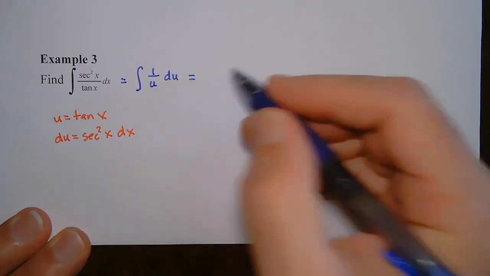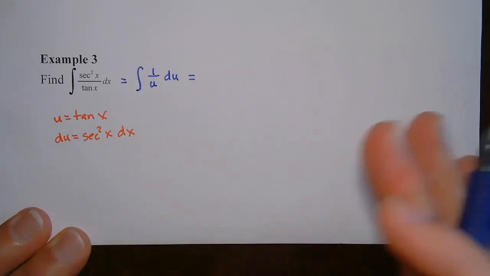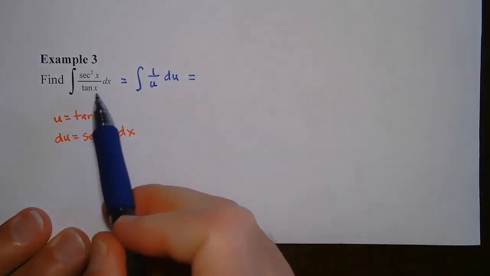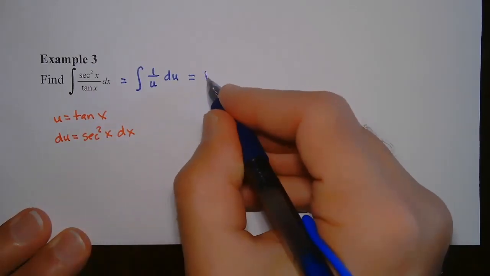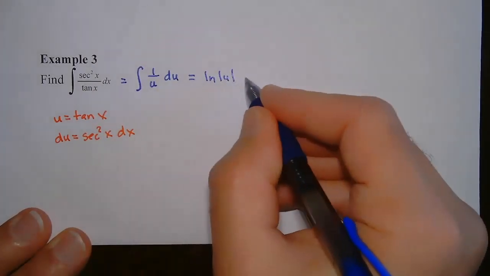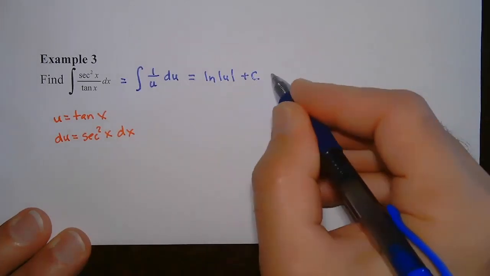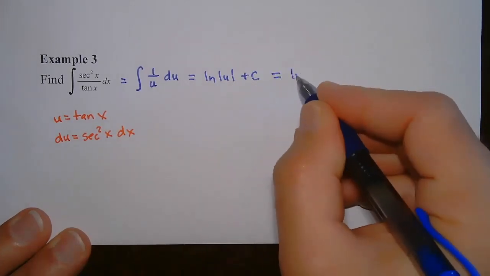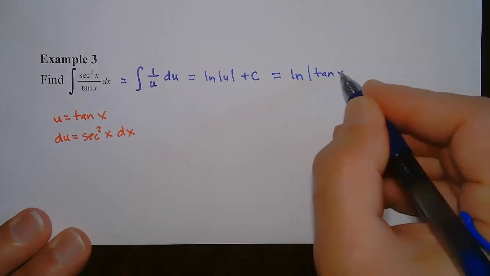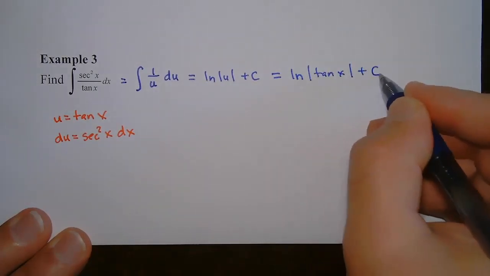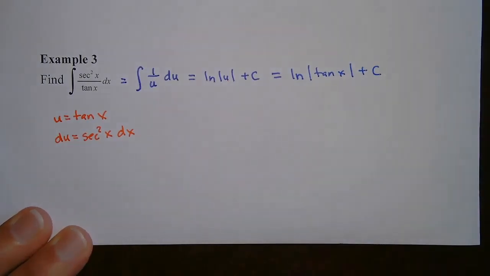A lot of times these will take on this form, where if you take the derivative of the denominator, you pick up the numerator. So this would be the natural log of the absolute value of u plus some constant c, and then that would become the natural log of the absolute value of tan x plus your constant c. And that's the integral of secant squared x over tan x dx.